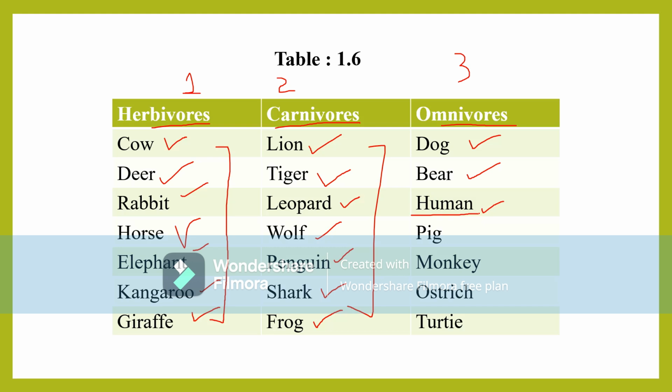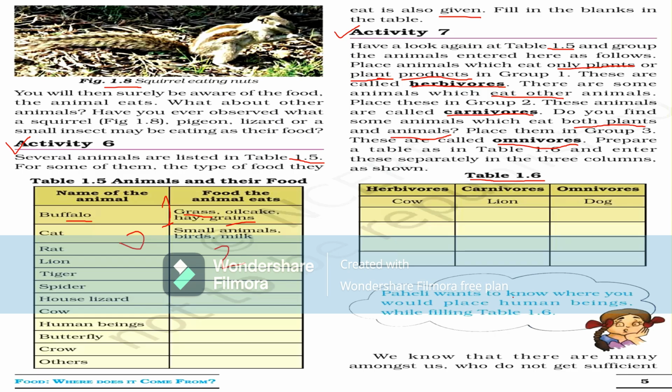Human beings are omnivorous. The fourth one will be pig, fifth monkey, sixth ostrich, and seventh tortoise.